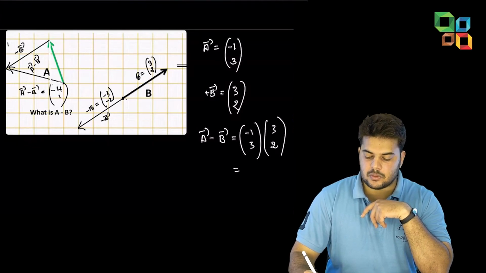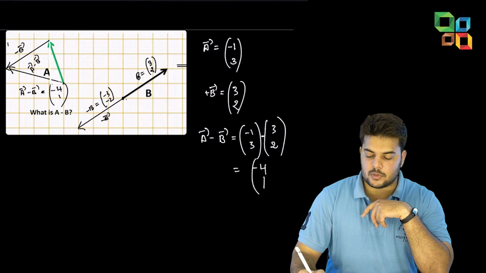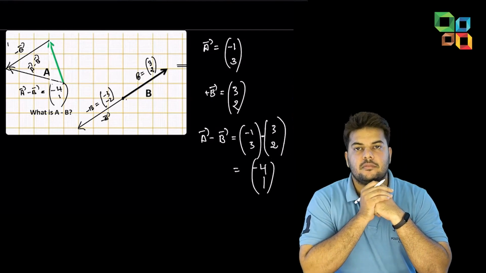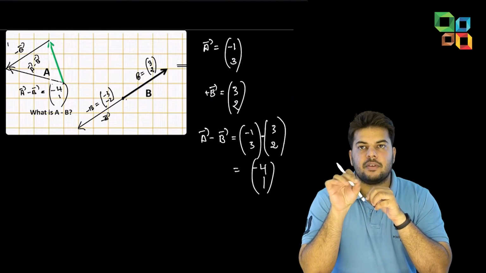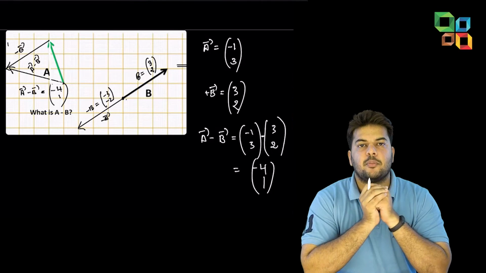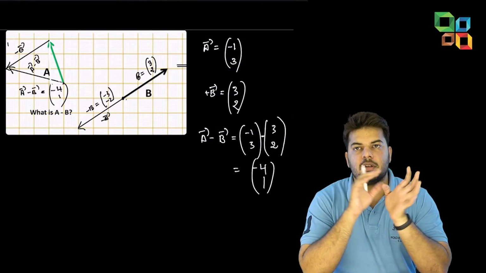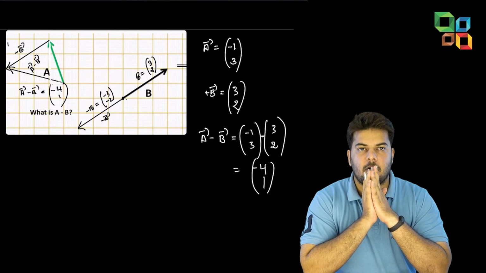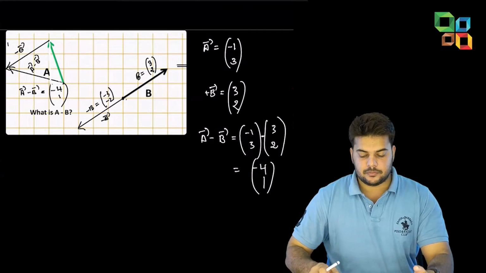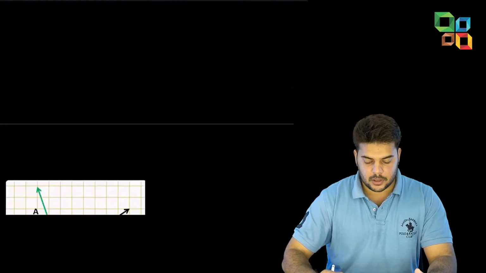Look at that. Minus 1, minus 3 is minus 4. And 3 minus 2 is 1. So negative 4, 1. Look at that. So whatever algebra that you do, whatever numbers that you write down, you will have the proper picture there. You can either do it by pictorial methods or by algebra. Okay. Yes. Let me go forward now.